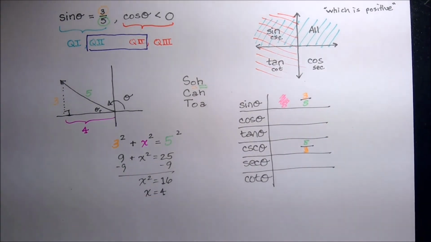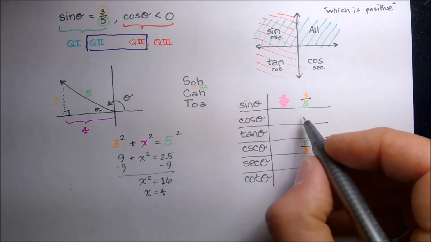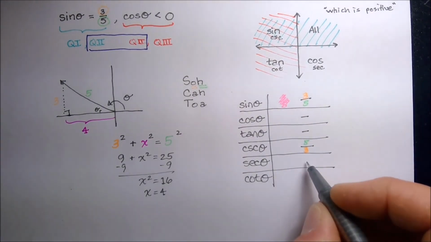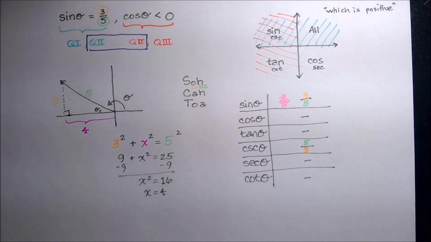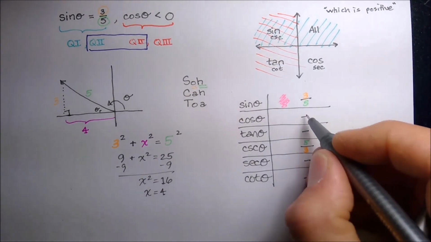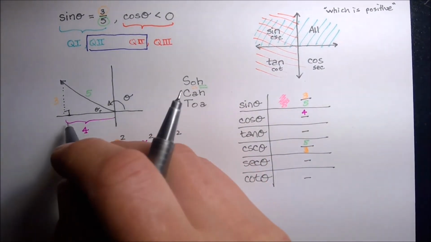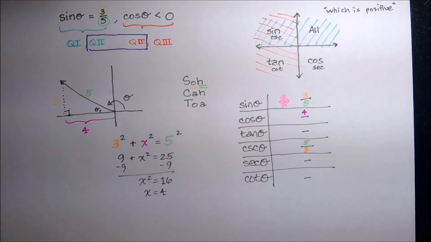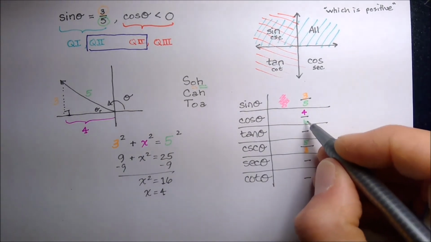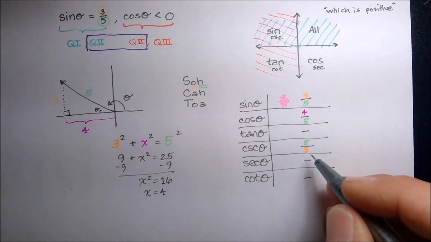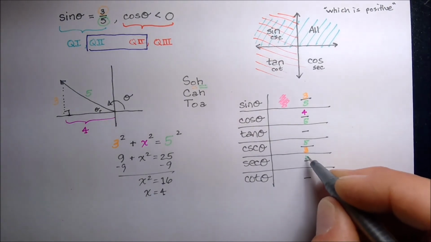The other ones I need to use the triangle. So cosine, we know from our right triangle trig back in the day, cosine is going to be the adjacent over the hypotenuse. So that's 4, right? There's the adjacent over 5. And if I have cosine, I should just label secant. It's just a reciprocal.